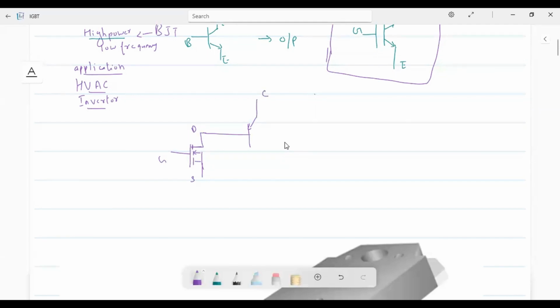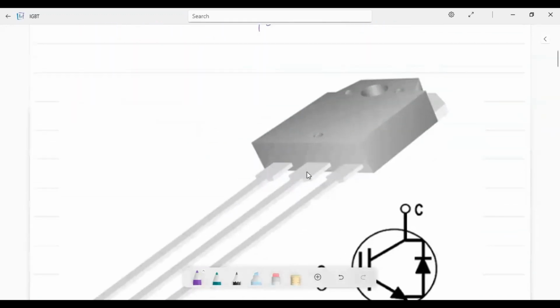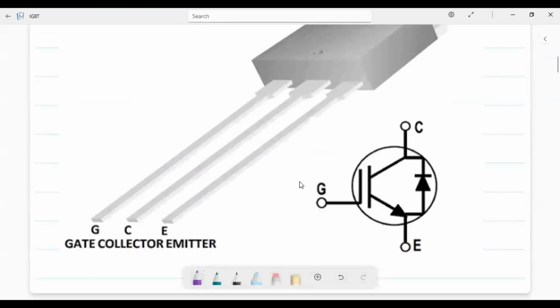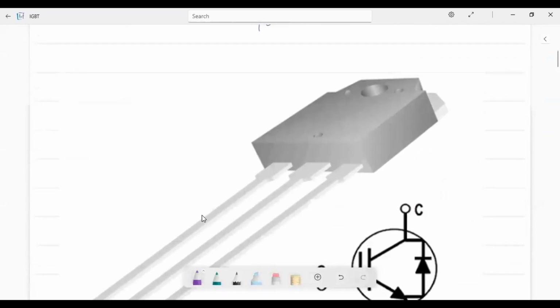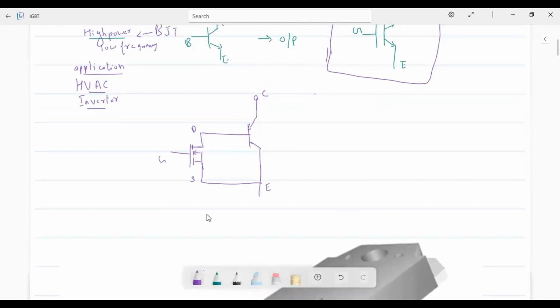So this will act as the collector of IGBT and this end will act as the emitter of IGBT. Source is shorted with this emitter. So we can see the symbol and the terminals, that is gate, collector, emitter, GCE. Those are the terminals of IGBT.